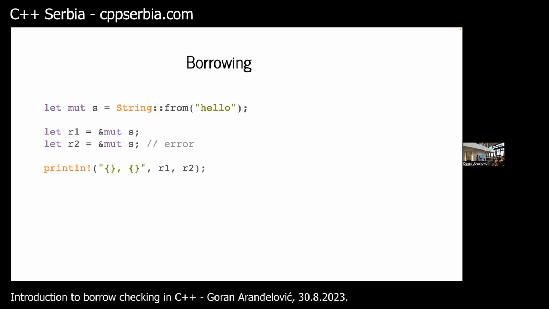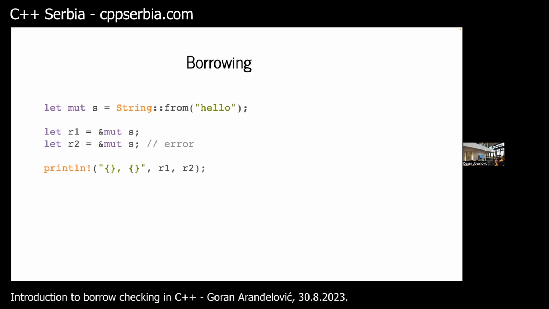Here is a demonstration of the other constraint that we already mentioned, and that is that at any particular time you can have only one mutable reference. So in Rust, this is an error, and maybe this is the first difference I would say to C++ itself. In C++, this is allowed. You can have, of course, as many non-mutable references to objects as you want.